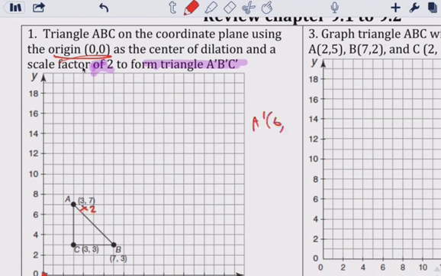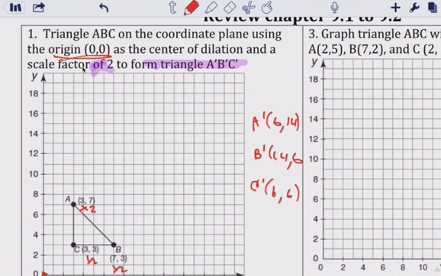(6, 14). B prime, multiplied by 2, would be (14, 6). C prime, times 2, would be (6, 6).